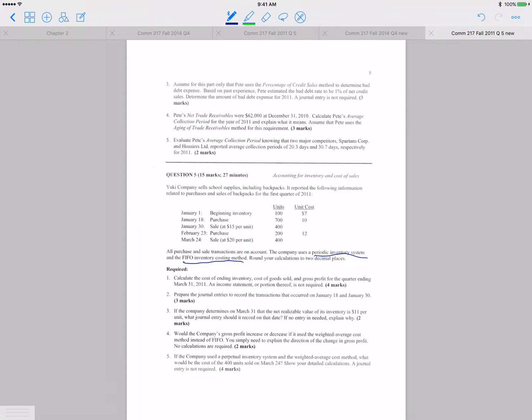Therefore, on January 18th, first of all, we have to know that we're using a periodic inventory system. Therefore, when we purchase inventory, we'll debit purchases. And on January 18th, there's purchases of 700 units.